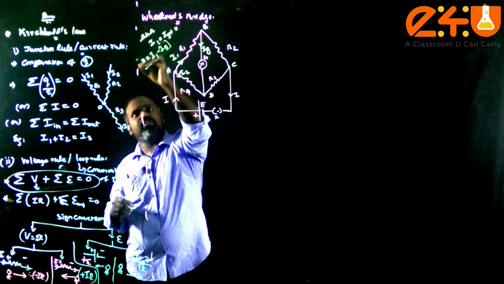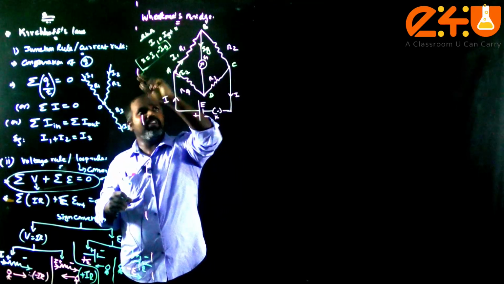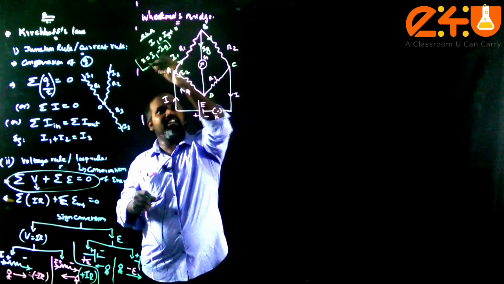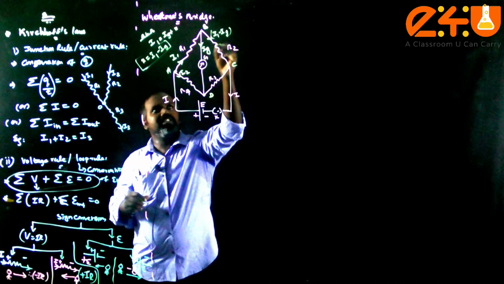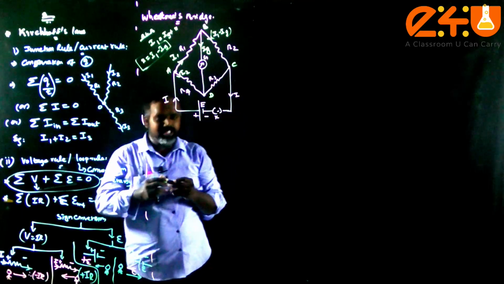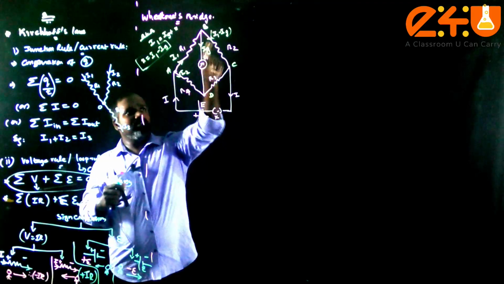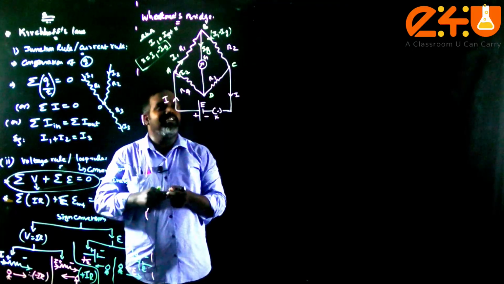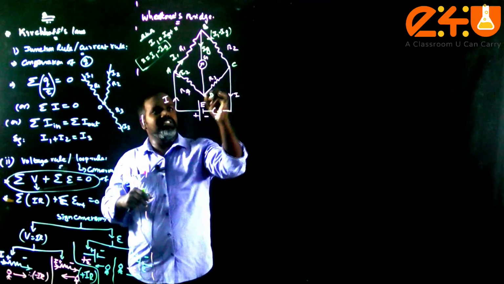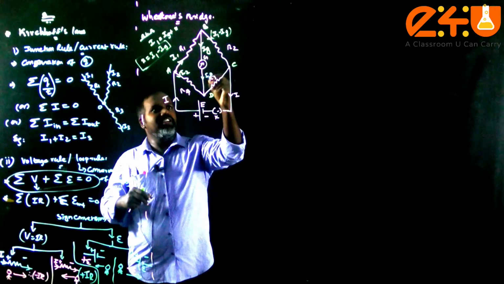So this is the way to use the junction rule to reduce the number of unknowns. Instead of X, I can write I1 minus Ig here. However many unknowns there are in the circuit, that many linear equations we have to write. Now at this junction D, the inward currents are I2 and Ig.